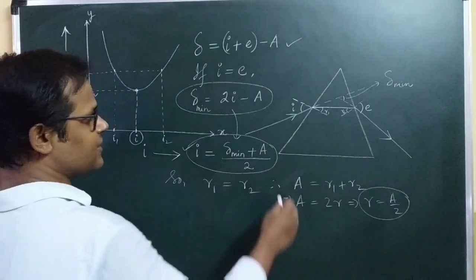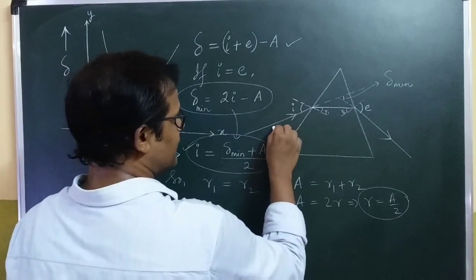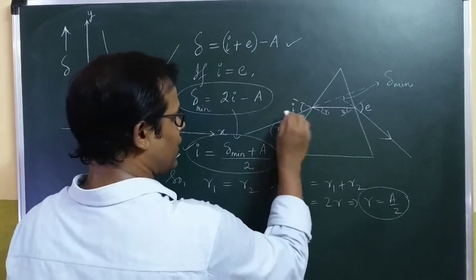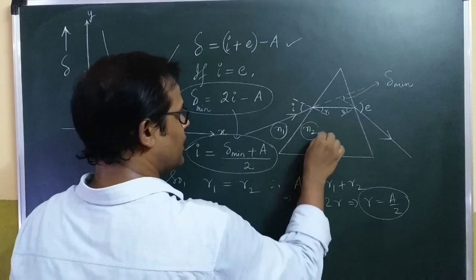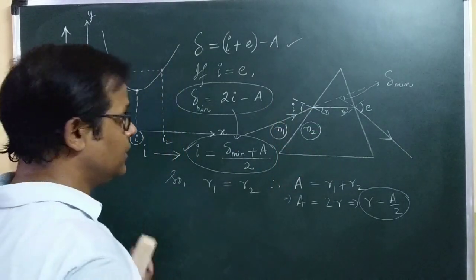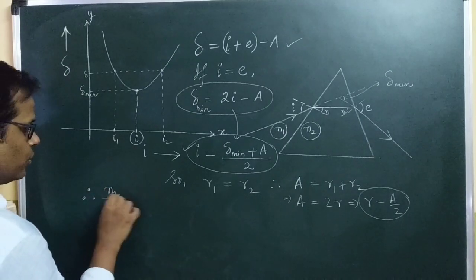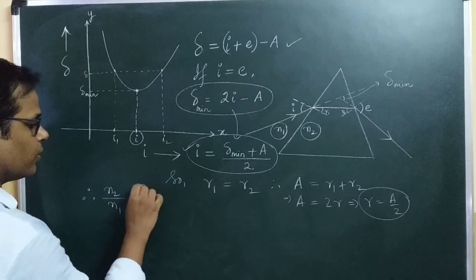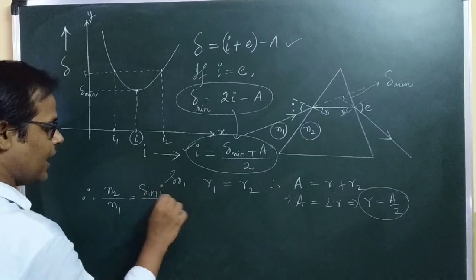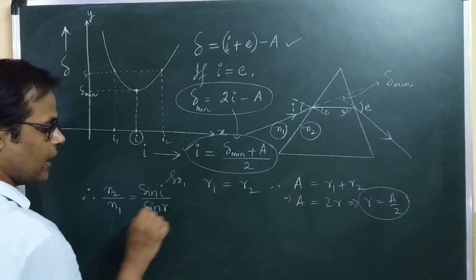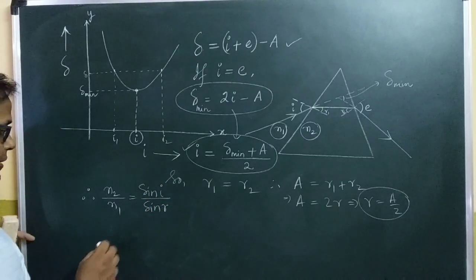So the ray of light is coming from medium 1, let us say going from refractive index N1 into refractive index N2. Hence, therefore we can say N2 by N1 should be equal to sin I by sin R. Clearly visible? Right.